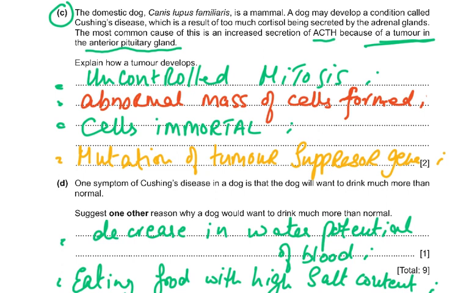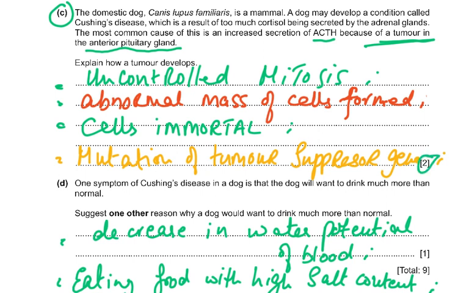Uncontrolled mitosis, abnormal mass of cells formed, cells are immortal, mutation of the tumor suppressor gene. Even if you don't remember this, it is actually something from the AS level. Tumor means uncontrolled cell division and a mass of cells being formed. You had to remember that, and you would have got 2 marks out of 2 for writing that.